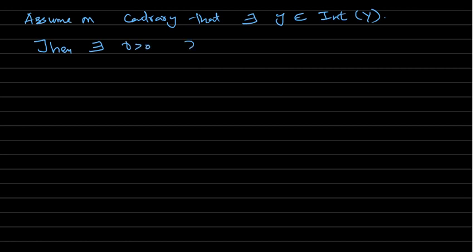Assume on the contrary that there exists some point y which is in the interior of capital Y. So this y is an interior point of Y. Then we can find a ball with center at y contained in capital Y. That means there exists r positive such that the open ball with radius r centered at y is contained in capital Y.